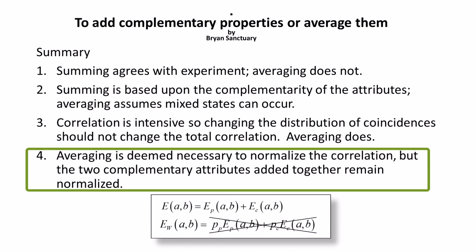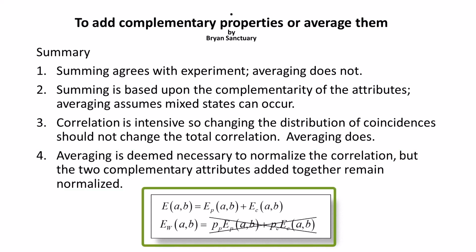Averaging is deemed necessary to normalize the correlation, but the two complementary attributes added together remain normalized. The conclusion is that Larsson's averaging of two complementary attributes is not well founded and introduces constraints which are inconsistent with the experimental data, leading to spurious, incorrect, and unphysical results if used.